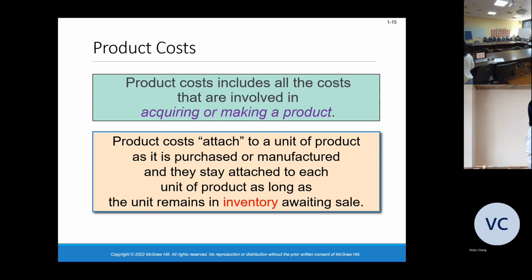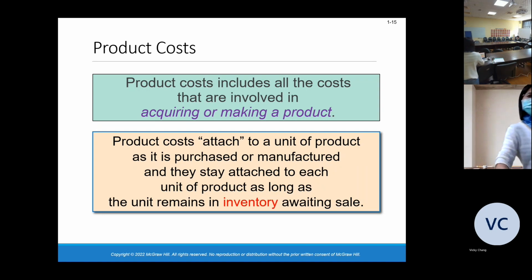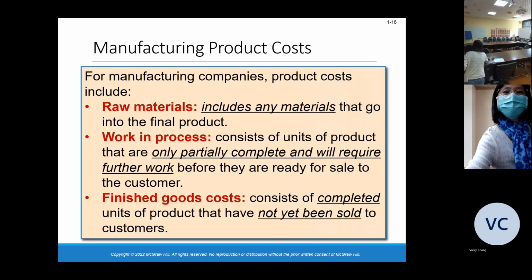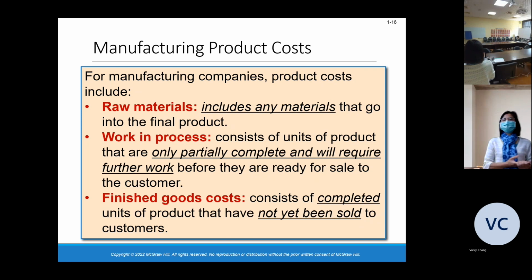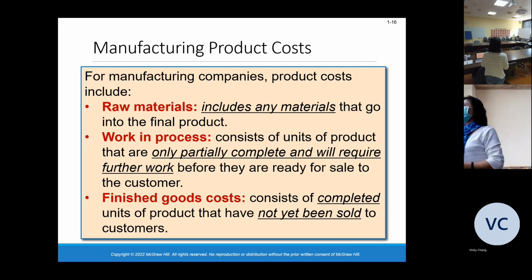Okay, and product cost is attached to a unit of product as it is purchased or manufactured, and it stays attached to each unit of product as long as the unit remains in inventory awaiting sale. So that cost is included in the inventory. And then manufacturing product cost, like raw materials, work in process, and finished goods.